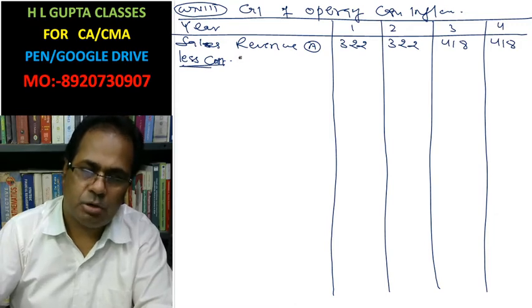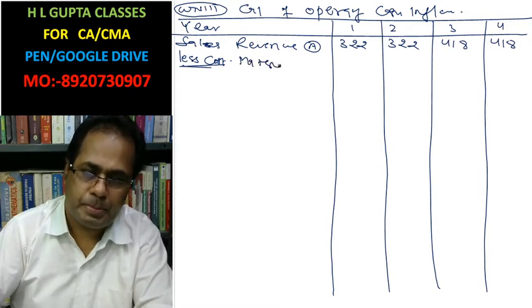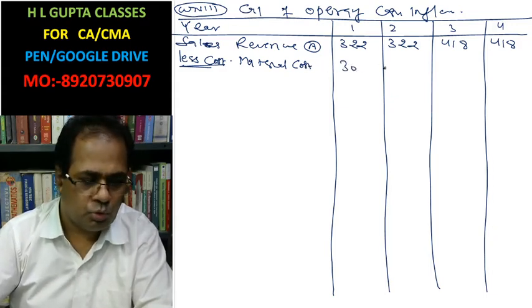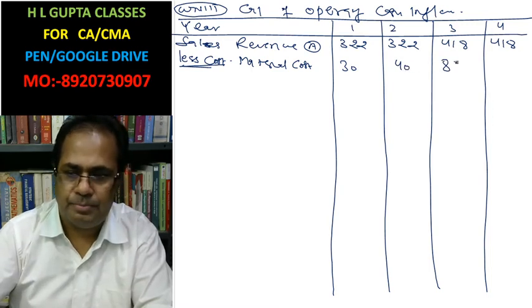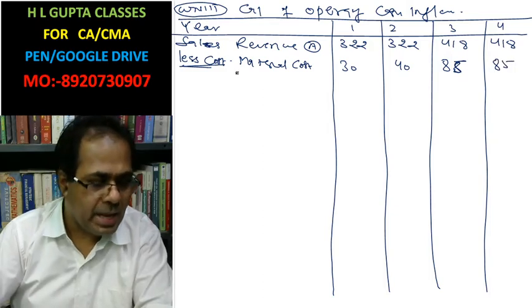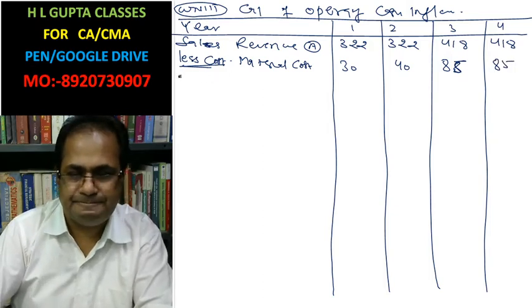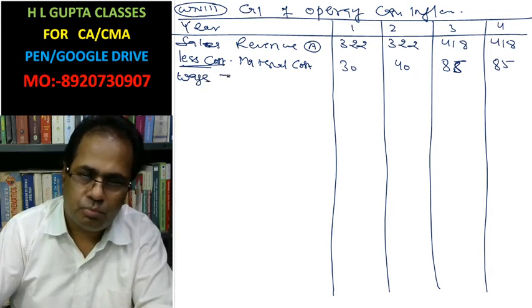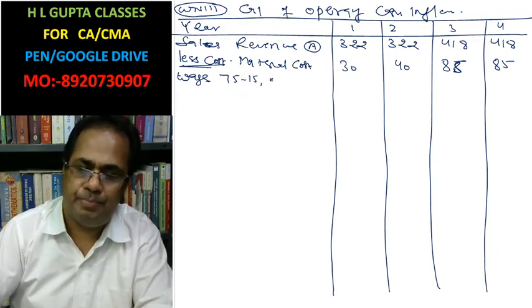Now material cost: 30, 40, 85, 85. Wages was 75, out of which 15 lakh saved due to the idle time.